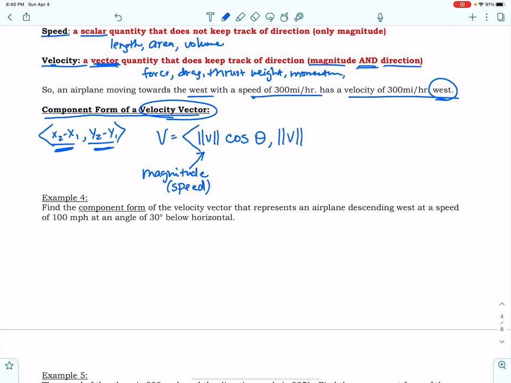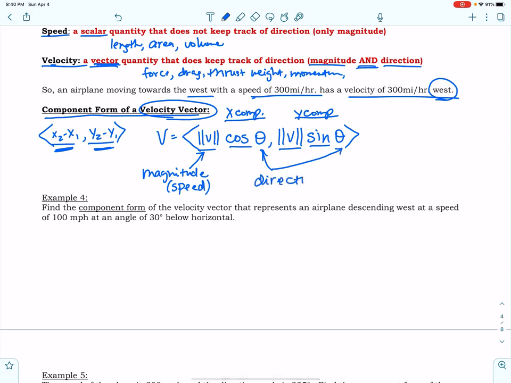Remember when we looked at the unit circle, cosine represents the x value, sine represents the y value. So I've got an x component here and a y component, but I'm also taking into consideration the speed, and this theta right here is actually the direction angle.